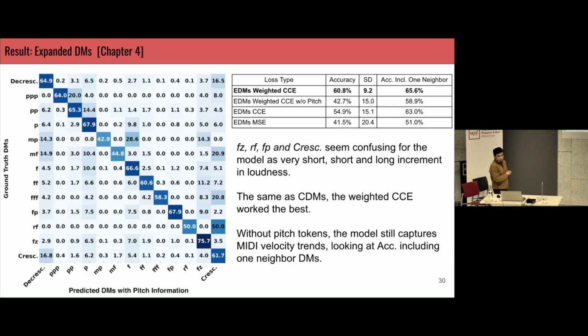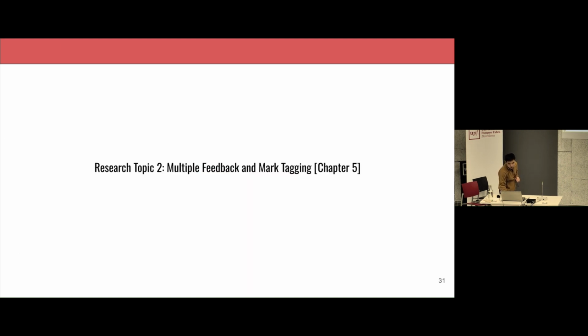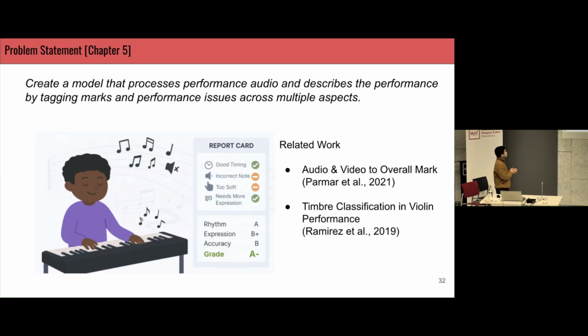Now we're going to topic 2, multiple feedback and mark tagging. Let's define the problem clearly. Create a model that processes performance audio and describes the performance by tagging marks and performance issues across multiple aspects.